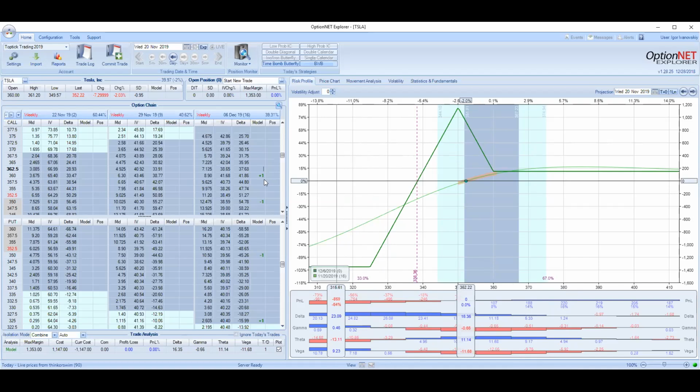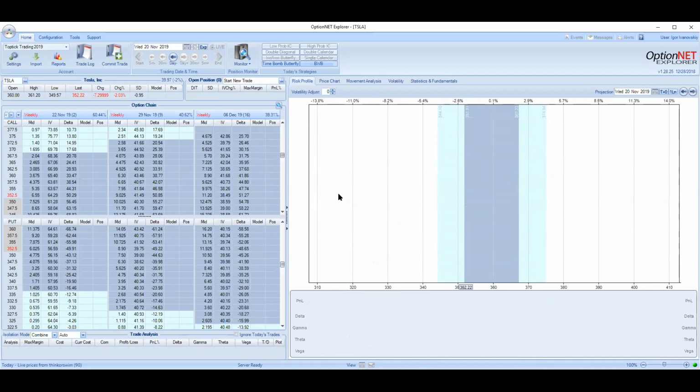So I don't think that broken wing butterflies are better than out of the money balanced butterflies. I think that the easiest way to do it is to pick a direction in which you think the underlying will be trading over however long, whatever your time frame is. So in this example, it's 16 days.